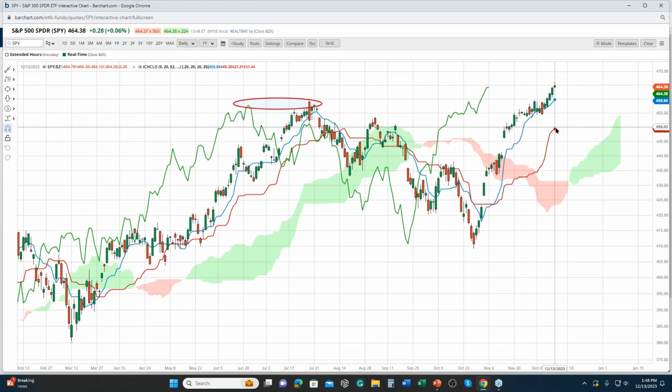The only concern I might have is that we might have diverged too far away from our baseline, and our volatility, right? Our green cloud is telling us there's a little bit more volatility. Probably want to see our cloud get a little bit narrower as price moves higher.